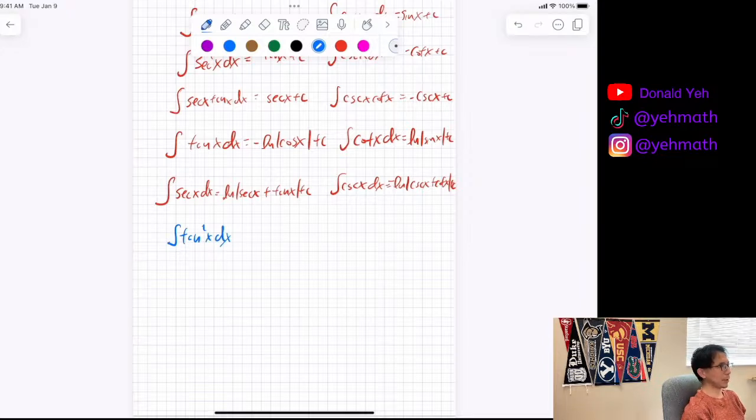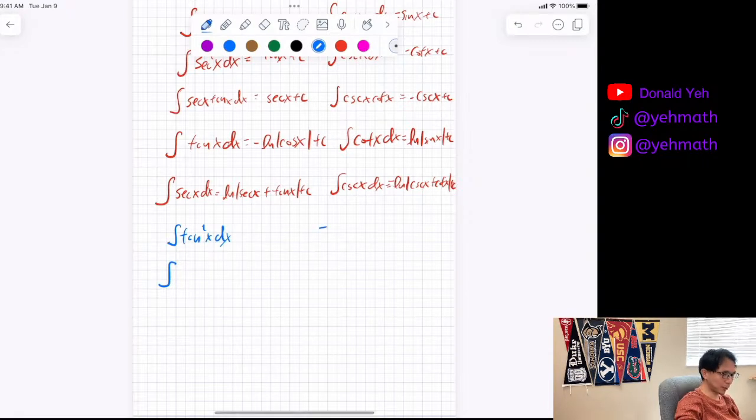Really good. Almost there. Knowing your identities helps though. What's tangent squared of x equal to? It's the Pythagorean identity.